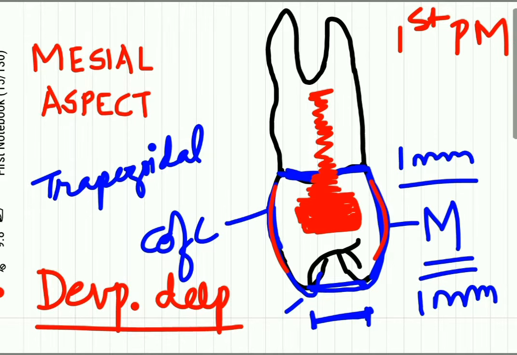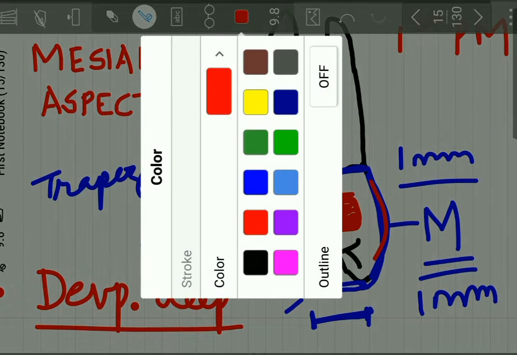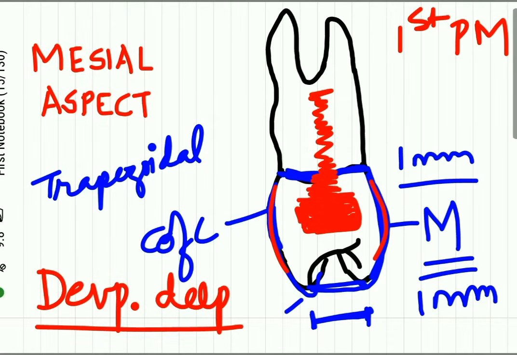Now, another distinguishing feature, which is definitely present on the maxillary first premolar, is a well-developed groove on the mesial marginal ridge. Suppose this is the mesial marginal ridge, a groove is present in alignment with the developmental depression on the mesial surface.